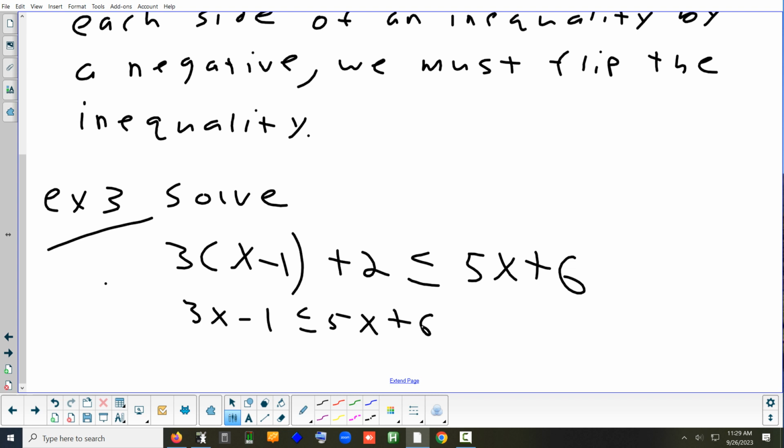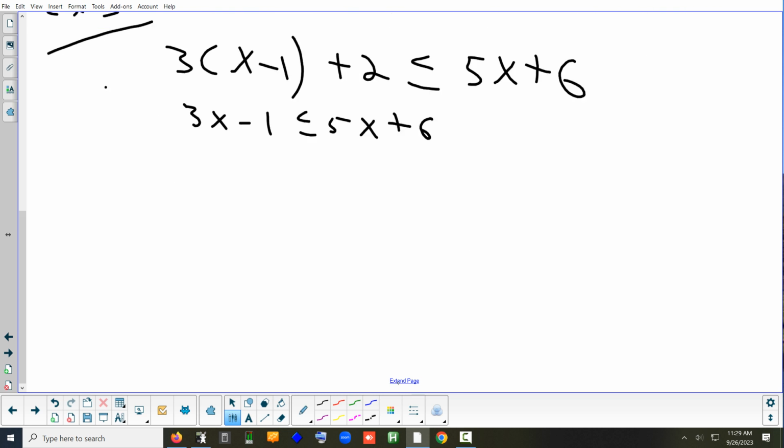Jack, what would I do next? You add the 1 to both sides. Okay, and what else can I do at the same time? Can you add the 3x to the other side? Or subtract the 3x from both sides?